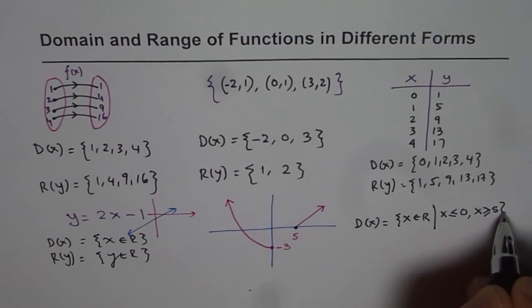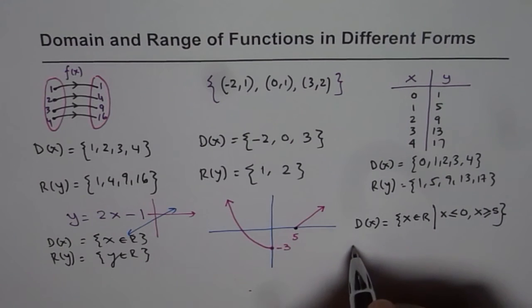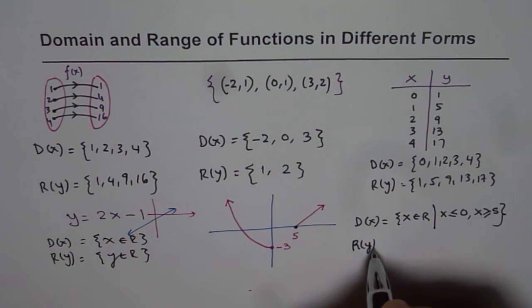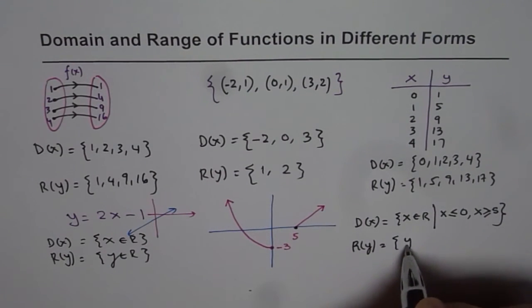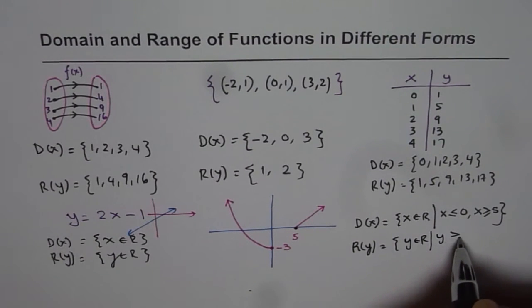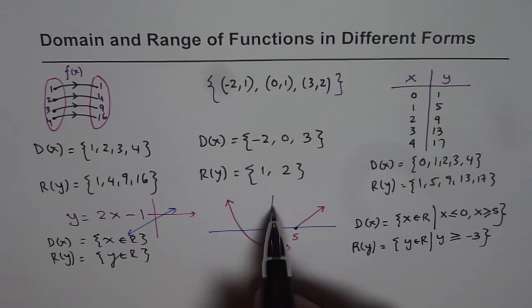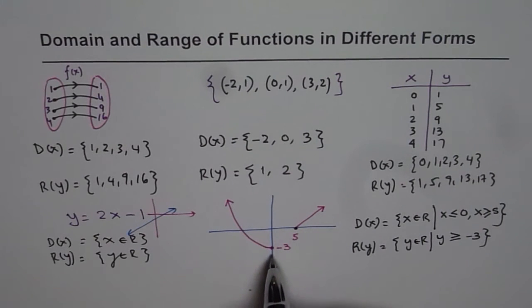So that becomes the domain for the function. How about the range? Range in this case will be y belongs to real numbers so that y is greater than or equal to -3, right? You will see all the y values are more than -3, but nothing below -3. So that becomes the range for the given function.